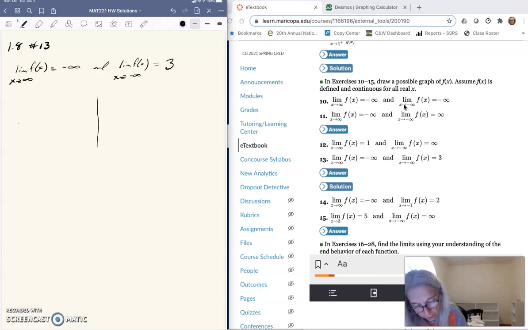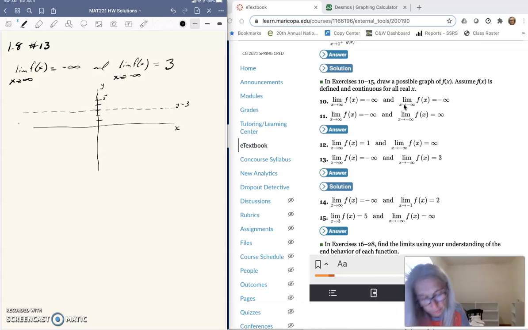So one way I could draw this function, let me put in some spacing here. I'm putting in the output y equals 3 as a reference to help me draw my graph.